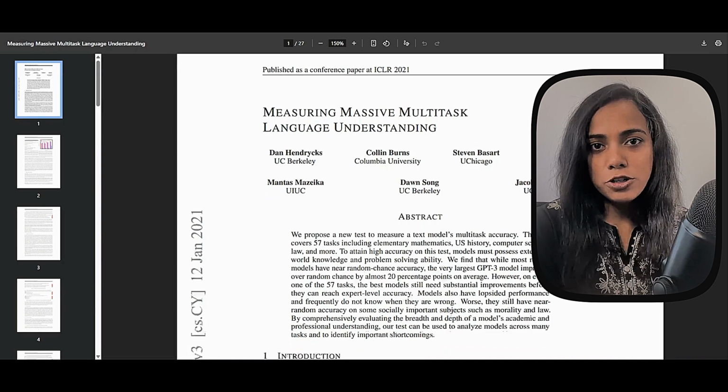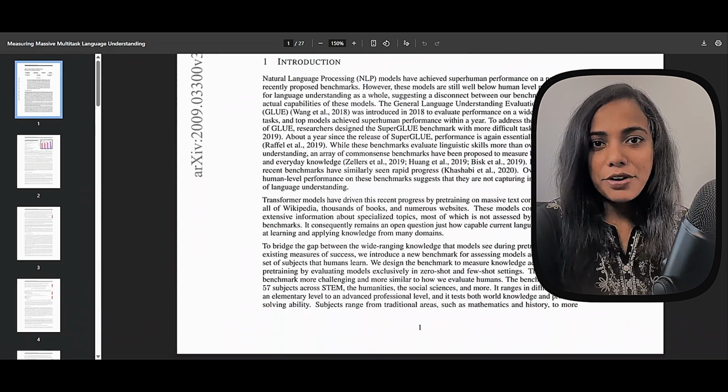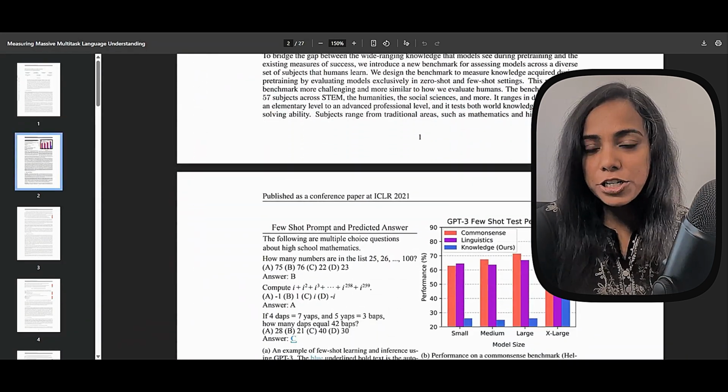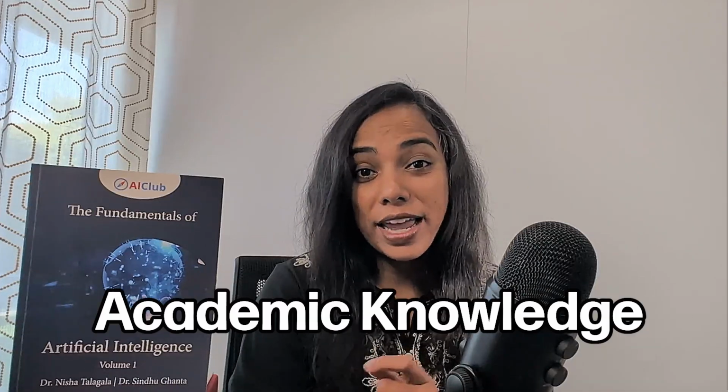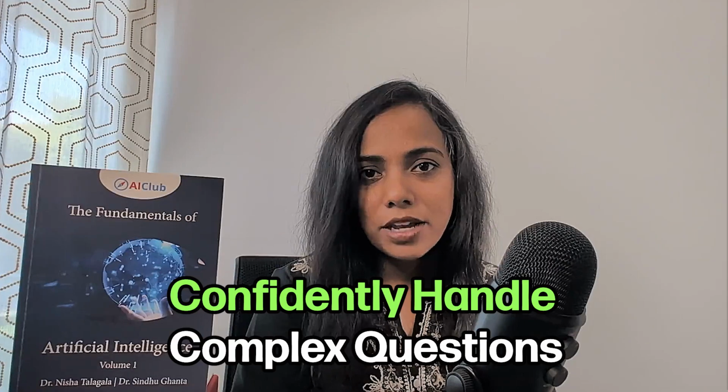And you should choose MMLU when you need rigorous broad spectrum evaluation of your AI's knowledge and reasoning abilities, particularly when dealing with domain-specific or academic knowledge. It's ideal for ensuring your LLM can confidently handle complex questions beyond standard language tests.